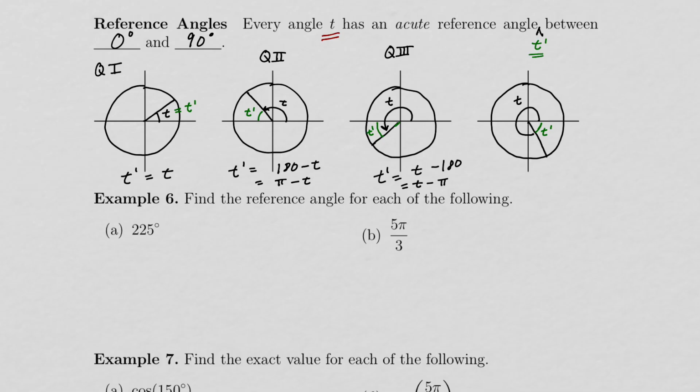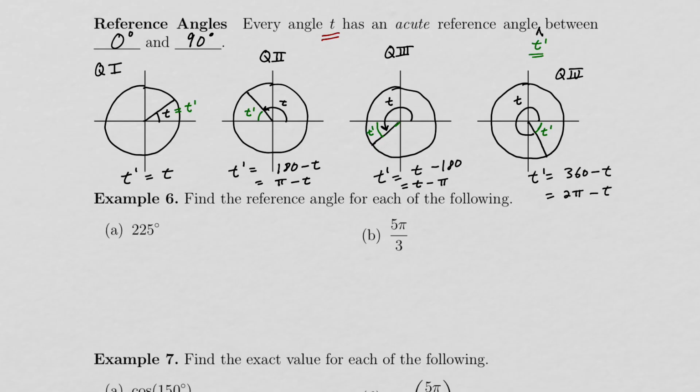And then finally, if I'm in the fourth quadrant, if I measure all the way around, that's going to be 360 degrees. So if I go all the way around 360 and I subtract the original angle t, what I'm left with is that reference angle t prime. So in the fourth quadrant, t prime is going to be 360 minus the actual angle. Or if I want radians, it'll be 2 pi, remember, 2 pi radians is the same as 360 degrees, minus the actual angle.